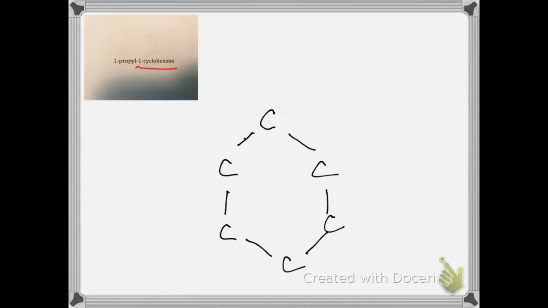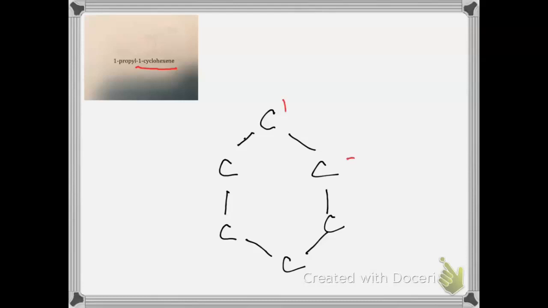Keep in mind that cyclo corresponds to a cycle. So when we're doing our carbons, we will draw a 6-membered ring containing 6 carbons. So that is the cyclo and also the hex part. And then somewhere in here, well, let's just number the carbons like I did in the last slide.